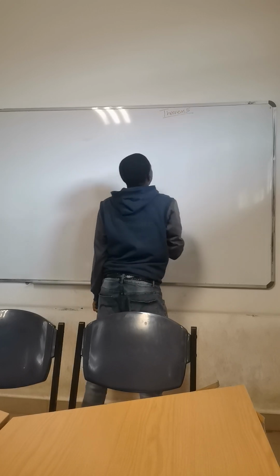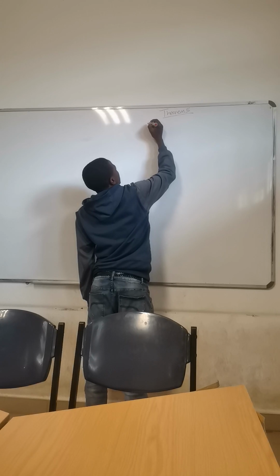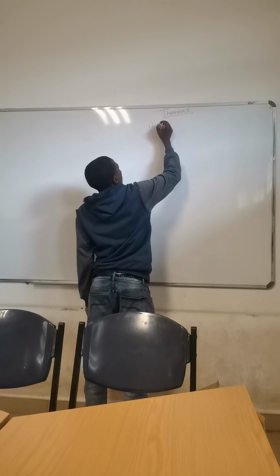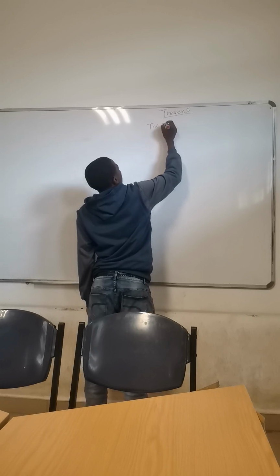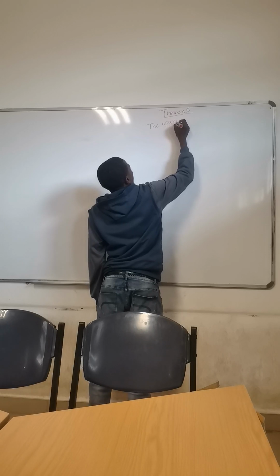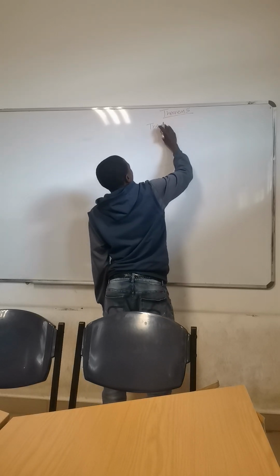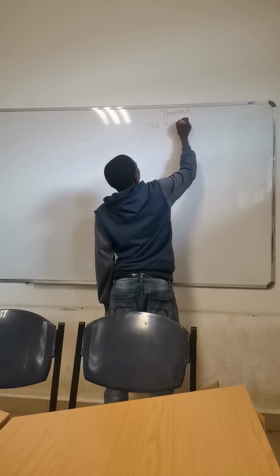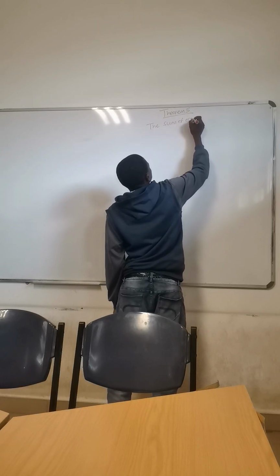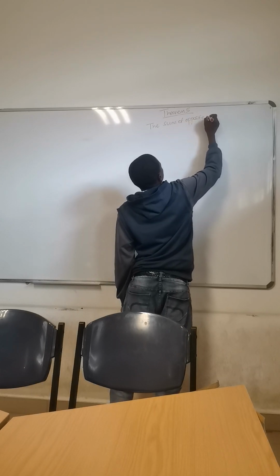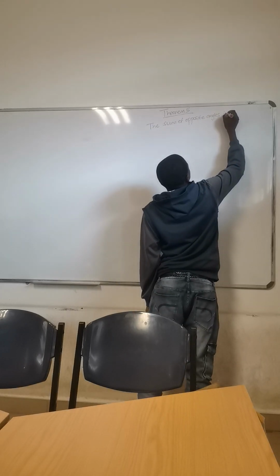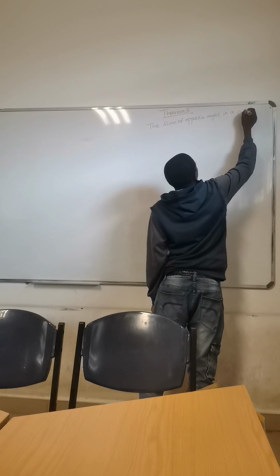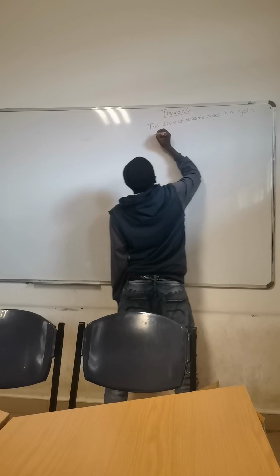Theorem 5 talks about the sum of opposite angles in a cyclic quadrilateral.